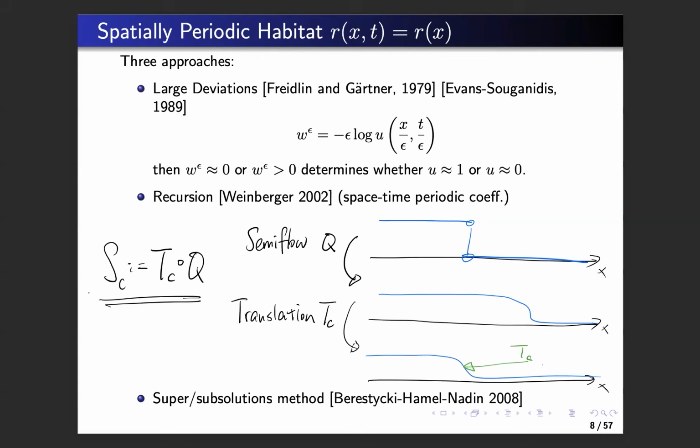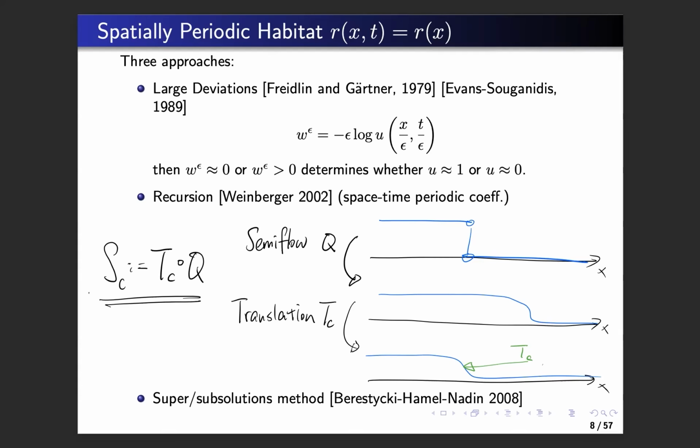One expects this Heaviside to become wave-like and move slightly to the right, and then for any given C, you can do a translation by C. Okay, so you compose this map. For different choices of C, there is actually a dichotomy: whether the whole population becomes 1 or you reach wave profiles. So by fine-tuning this C, one can decide the existence of C star.